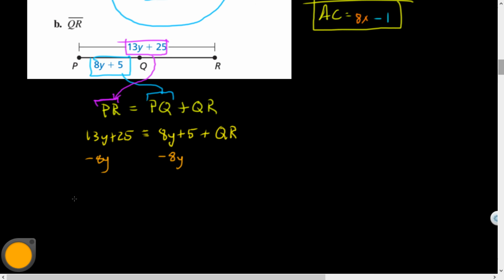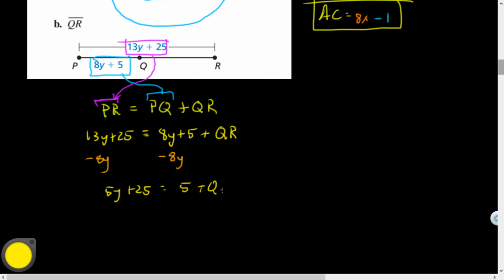Minus 8y from both sides. I subtracted from both sides because of the subtraction property of equality, in order to maintain equality. 13y's minus 8y's is 5y. And now it's just classic algebra. You guys are experts.